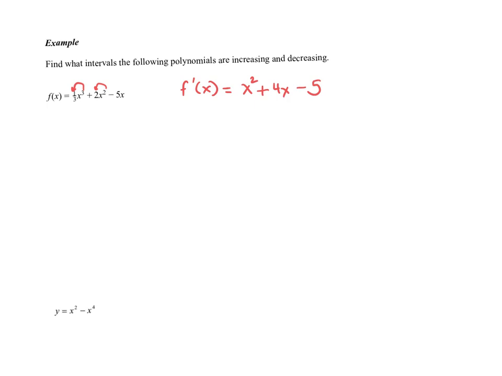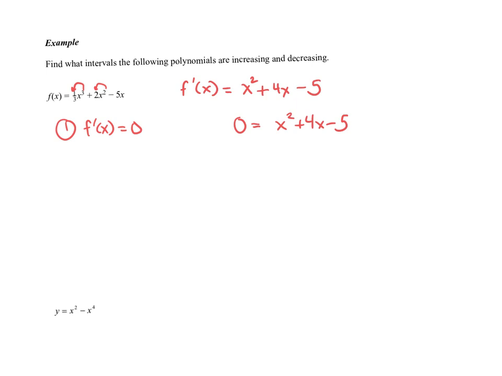So the first thing to do is we're going to figure out where f prime of x is equal to 0, because that's going to be where it changes, because on one side is probably going to be positive, one side is going to be negative. So we will figure out where 0 is equal to x squared plus 4x minus 5. And now this is really the hardest part about this section, because you have to remember how to solve equations from previous coursework.